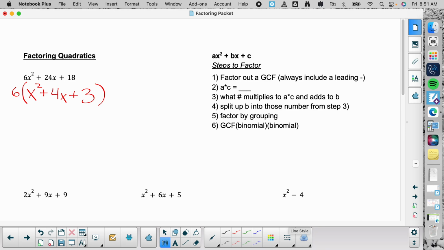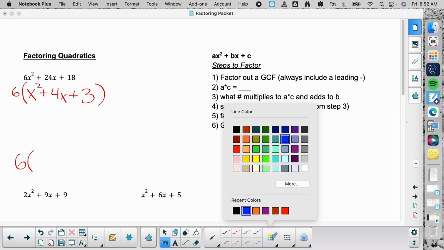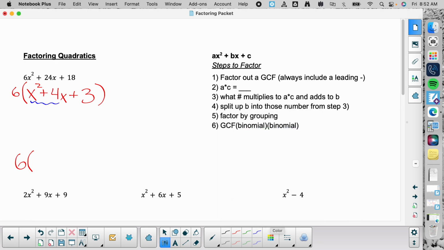You do nothing, you ignore it, and then it's going to be in the final answer. So when we're done with this problem, the final answer will have a 6 in the front. We literally do nothing with it. And for the rest of the problem, we only focus on the inside part. Okay.